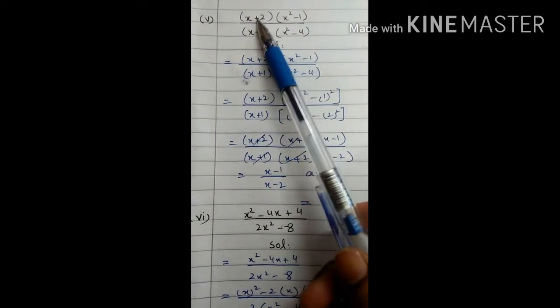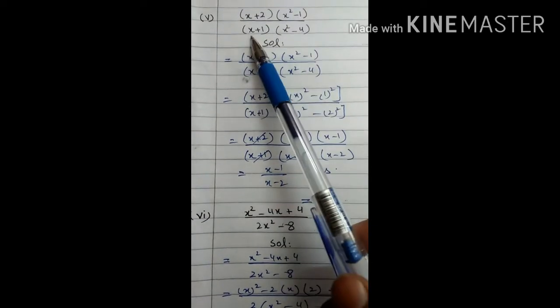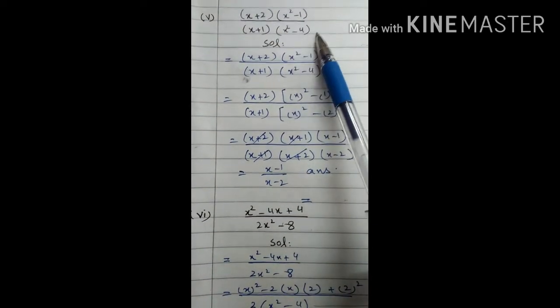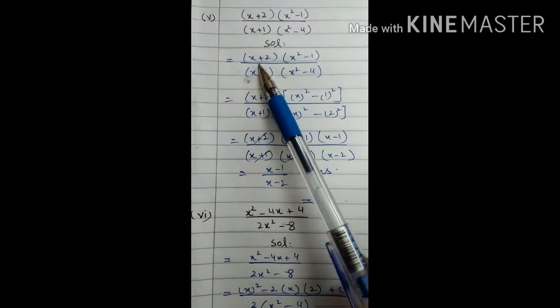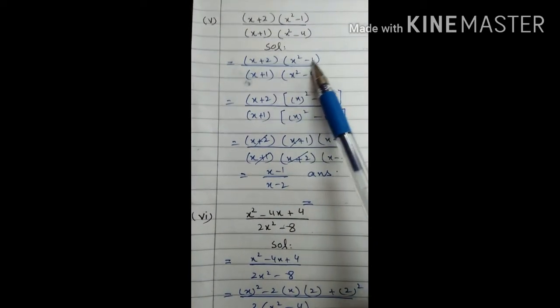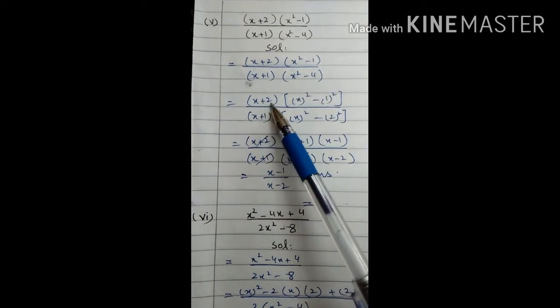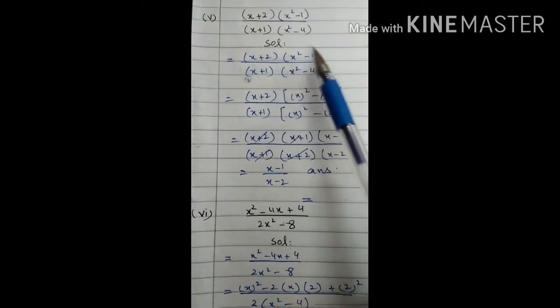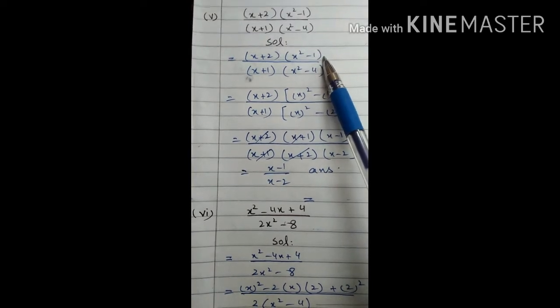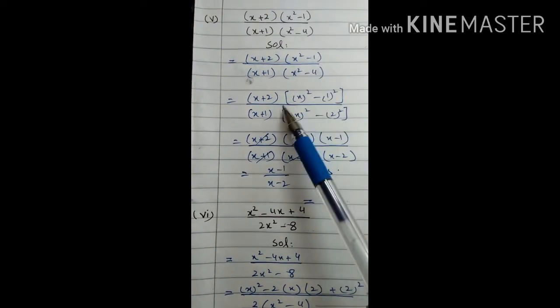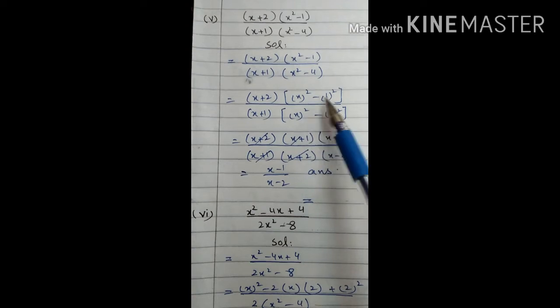Part 5 is (x plus 2)(x square minus 1) over (x plus 1)(x square minus 4). On x square minus 1, apply the formula a square minus b square, x square minus 1 square.